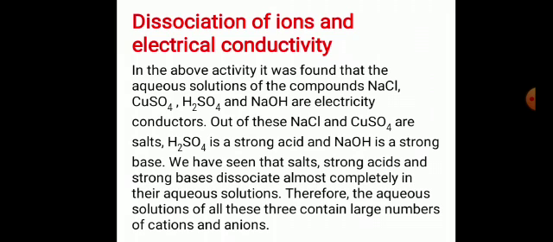So all these solutions contain a large number of cations and anions, and they are carriers of electricity. So there is a relation between dissociated ions and electrical conductivity. The more the number of dissociated ions, the more the strength of the current will naturally be.